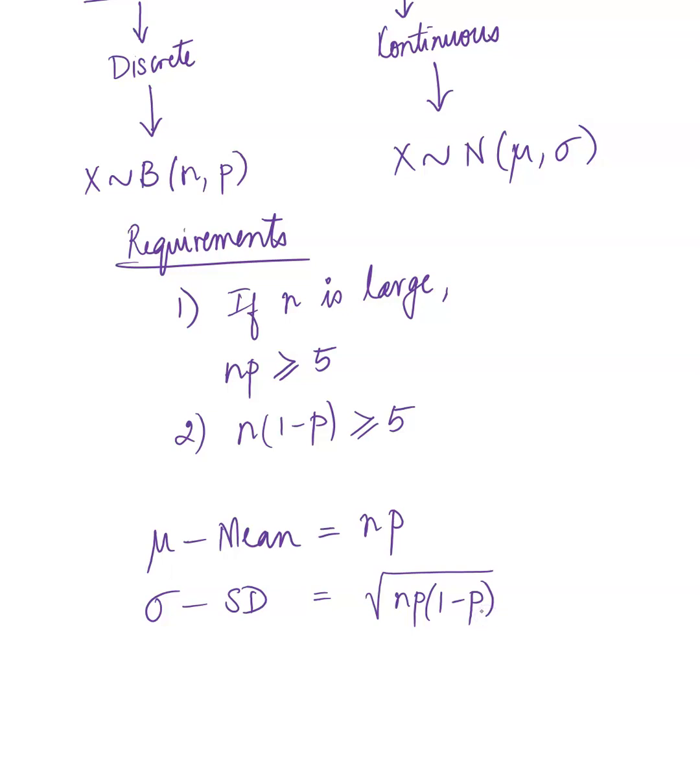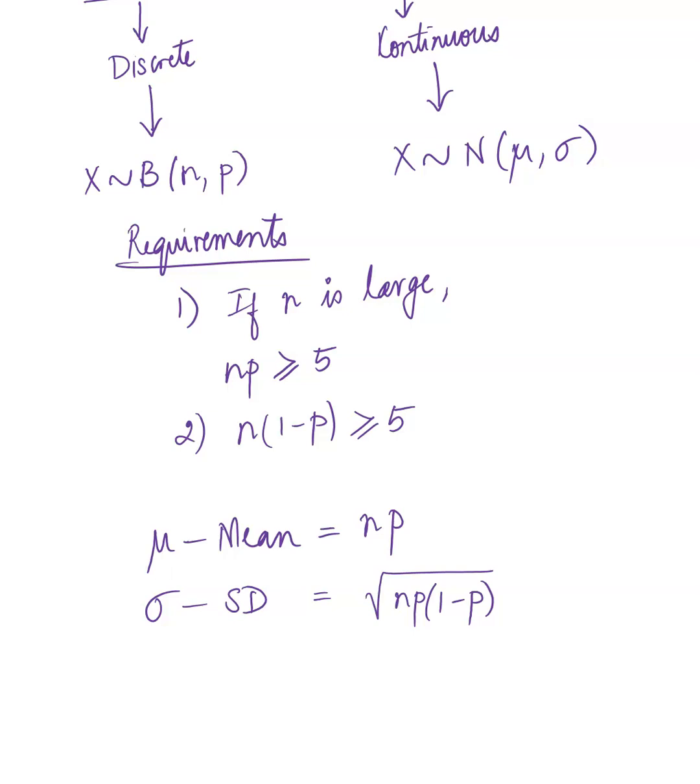Remember how we found this for the binomial distribution? This is what we did. But what we're saying is, when we have a very large n, the very mean and standard deviation we found for the binomial distribution become the mean and the standard deviation for the normal distribution.